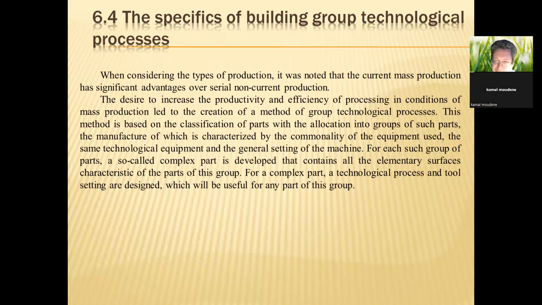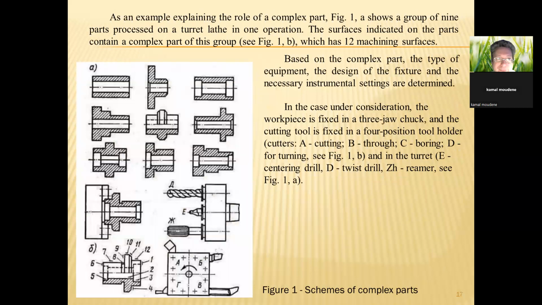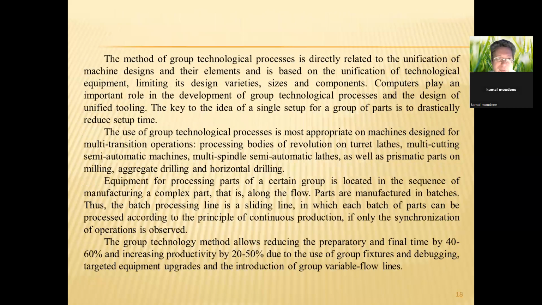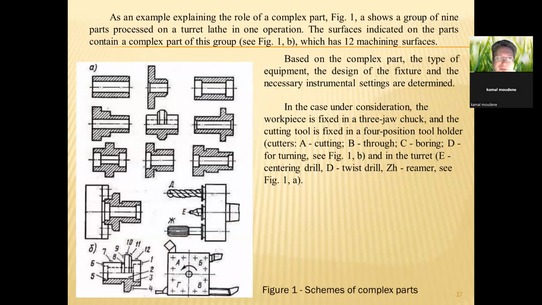For a complex part, a technological process and tool setting are designed, which will be useful for any part of this group. As an example explaining the role of the complex part, figure 1 shows schemes of complex parts.